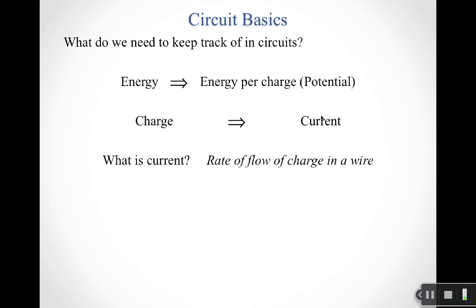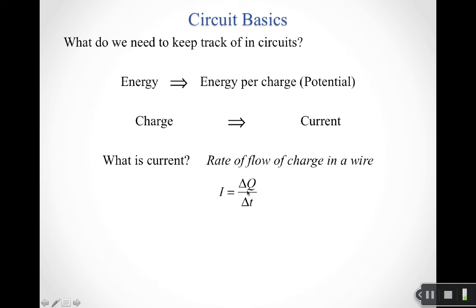This is no different from talking about the current of a river, right? You watch some amount of water flow by in a certain amount of time. It's just that the current we're interested in within our circuits is a charge current.